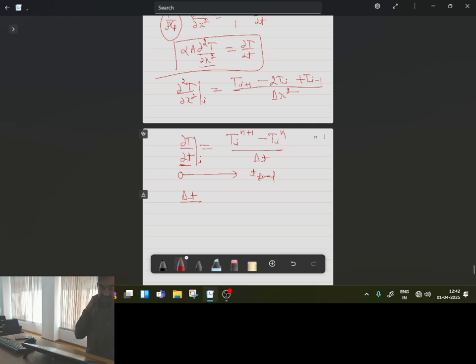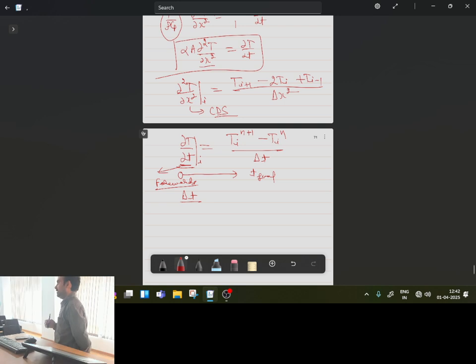Now, one interesting point is, when I am calculating this second derivative term, what have I used? Central difference scheme. When I am using this, what have I done? Why am I using the forward difference scheme over here? Yes, it means that in terms of time, it is difficult for us to go to the past.